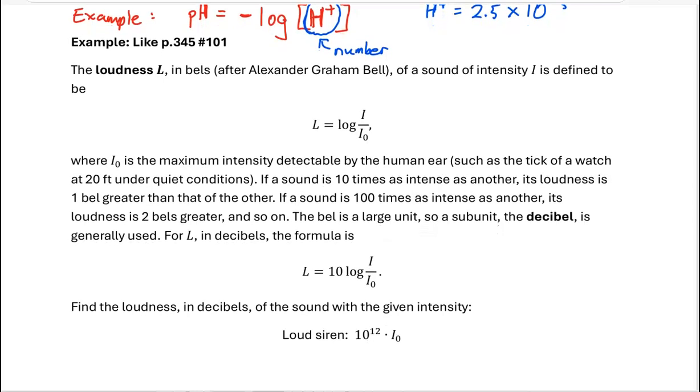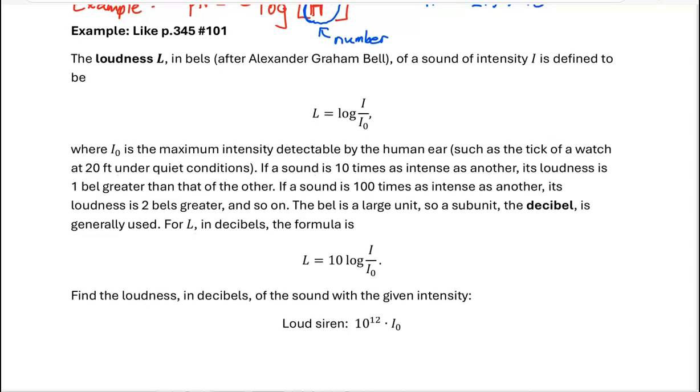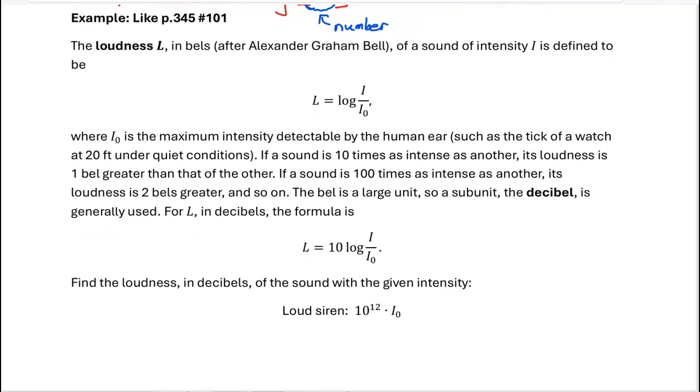You've probably heard of decibels. It has to do with the loudness of a sound. The actual unit, this is a unit of measure. The measure of loudness is bells, named after Alexander Graham Bell. So there's an equation for how many bells of sound some type of sound has, how loud it is.